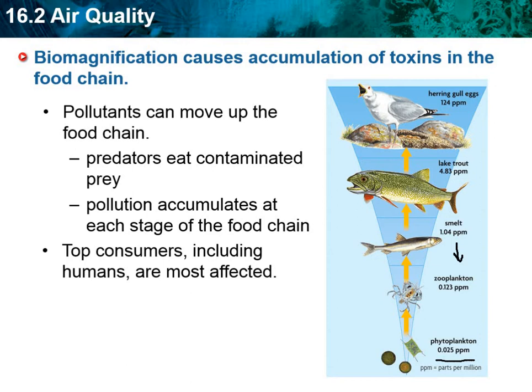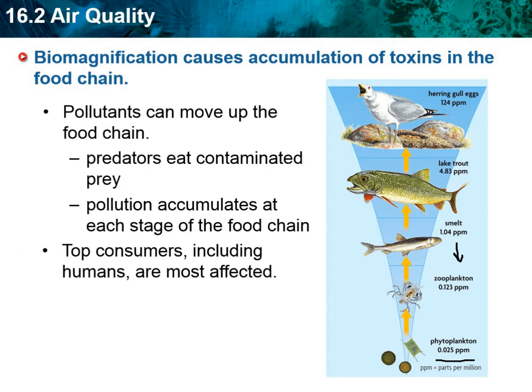Then the lake trout eats that smelt, and it's now got that chemical at almost 5 parts per million. Then if this gull eats the lake trout, the eggs of that gull are going to have 124 parts per million of whatever pollutant we're talking about here. So it ends up building up really quickly.